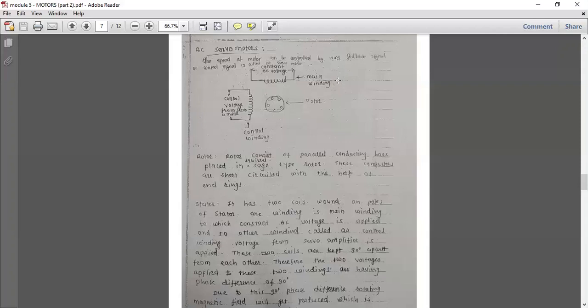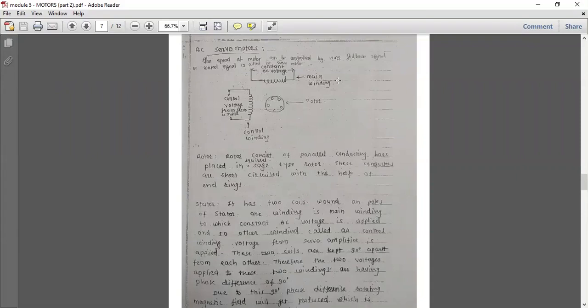Both windings are on the stator. The control winding voltage comes from the servo amplifier. Whenever the word servo is used, the control word should come with it.